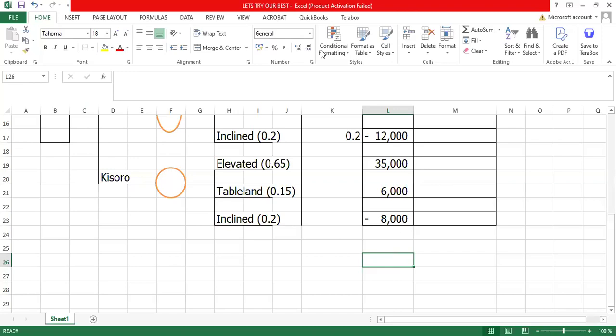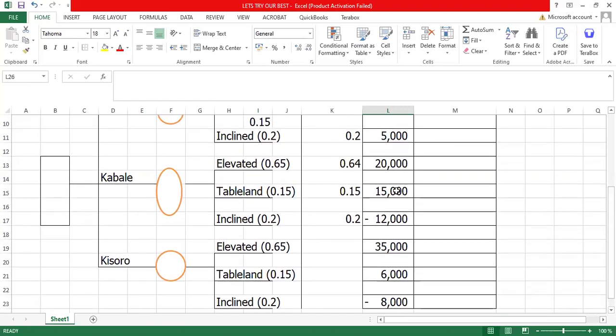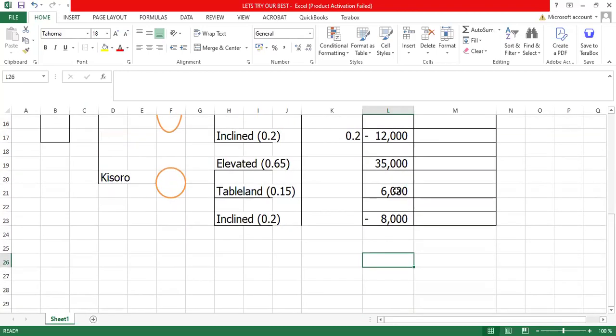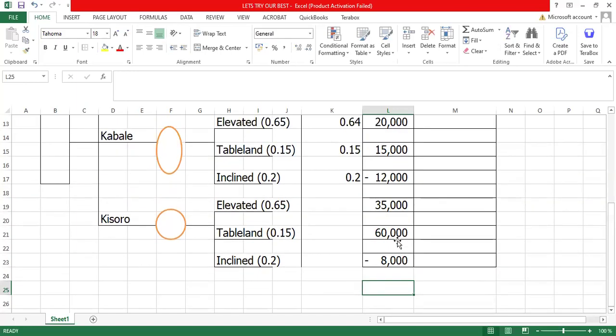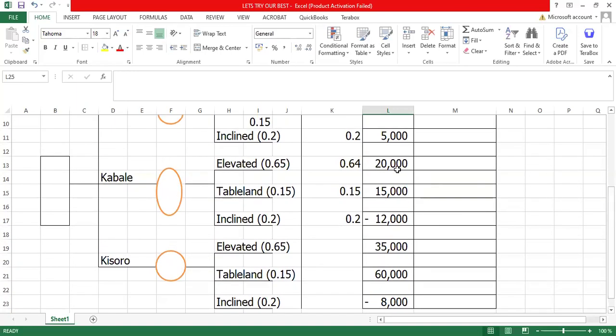Do we have a wrong figure? Before negative, it is 60. Where exactly? Next row, the 0.15. It's 60,000. And on Kabare, you corrected the probability.